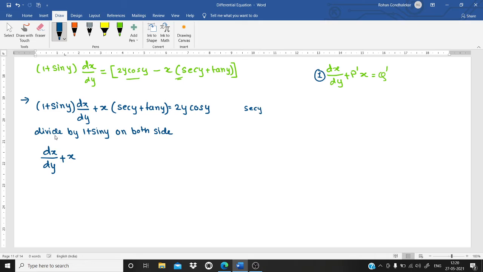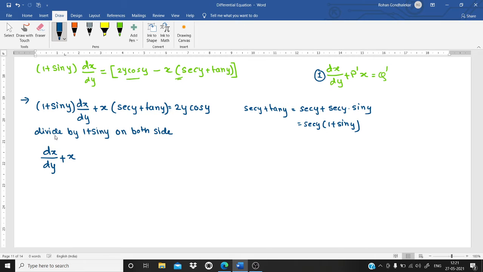Sec y + tan y will be: we keep sec y as it is, and tan y is sec y times sin y, since tan y is sin y upon cos y and 1 upon cos y is sec y. So sec y is common, and inside the bracket we get 1 + sin y.